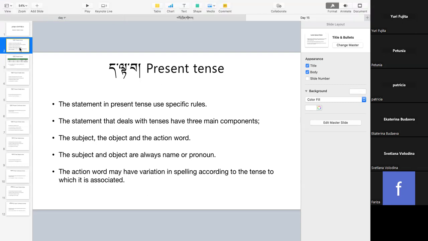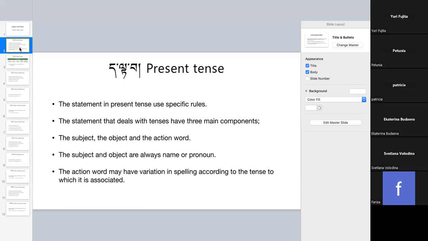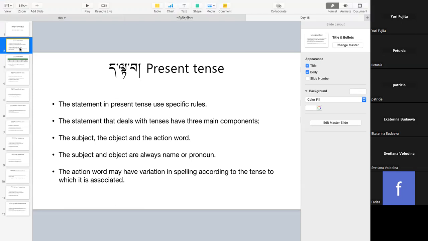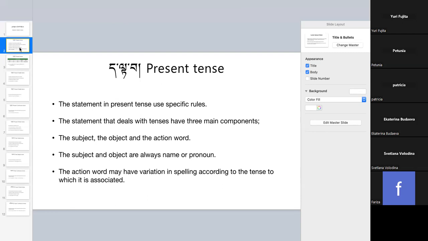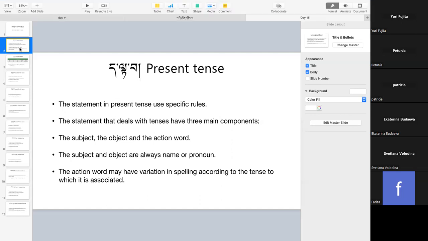So the thing that is going to be changing will only be the action word and not the subject and the object. The subject and the object, they're pronoun or noun. So therefore, these don't change in accordance with the usage. They do not change in accordance with which tense we're talking about.